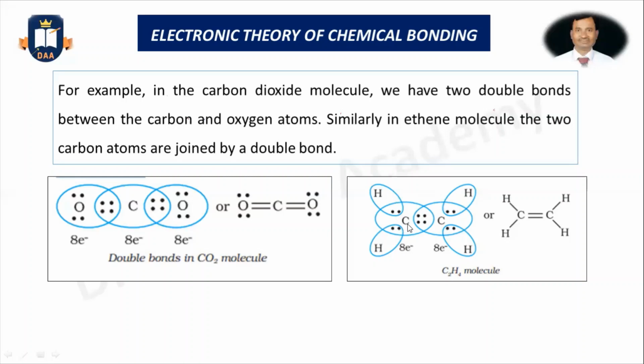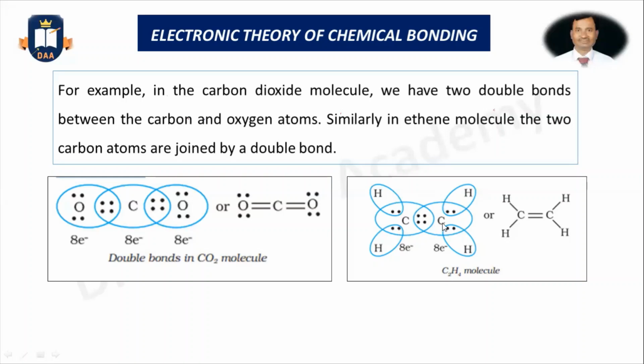That means each carbon atom shares its electrons with 2 hydrogen atoms and 1 neighboring carbon atom. So this left side carbon atom forms single covalent bonds with 2 hydrogen atoms.